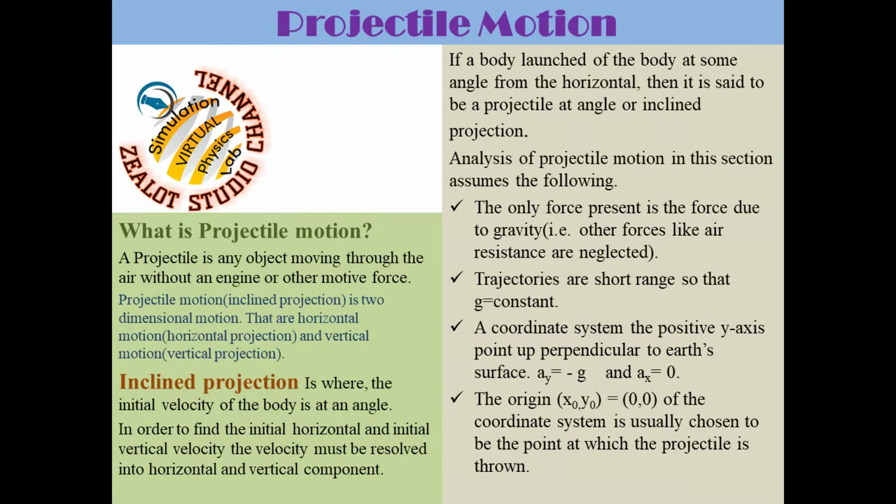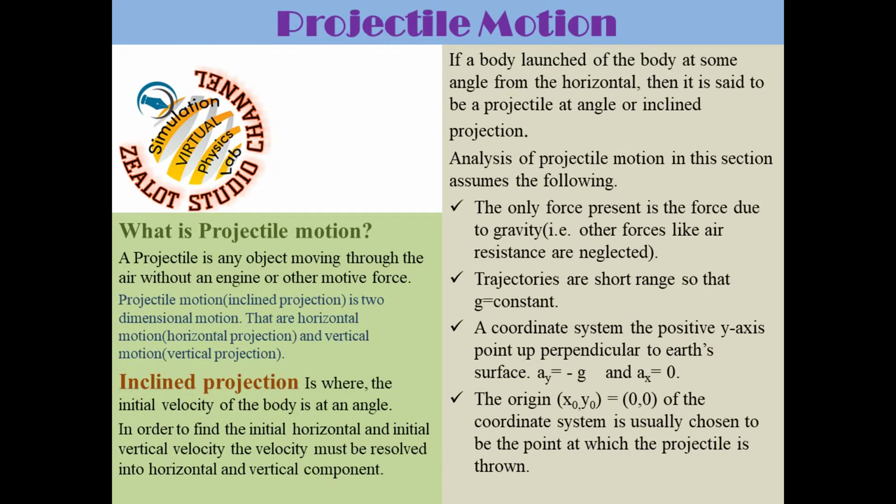Projectile motion is the movement of objects through the air. So projectile motion is said to be inclined projection or two-dimensional motion, which means horizontal and vertical projection can be occurring.